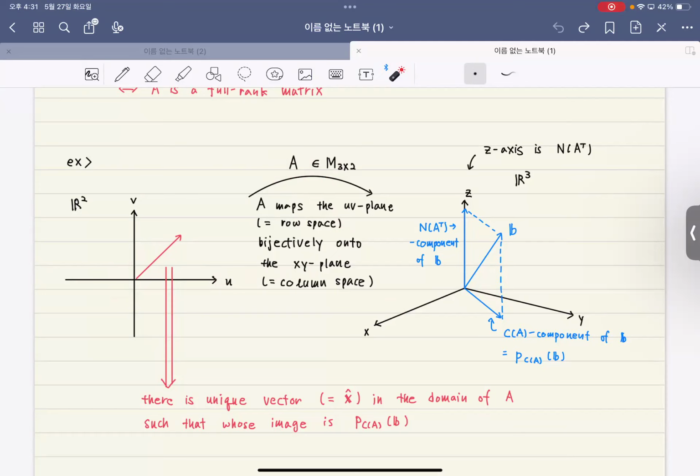To make things simple, I say this UV plane is the row space, and this XY plane in this 3-dimensional space is the column space of this matrix A. Okay.